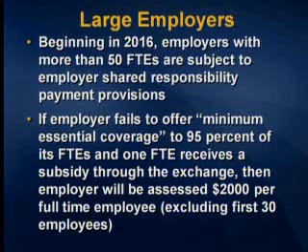If you have 50 full-time equivalents, then you're subject as an employer to a shared responsibility payment. If you fail to offer minimum essential coverage to 95% of your full-time equivalents, and one full-time equivalent employee goes to the exchange and gets a subsidy, then you're subject to a fine of $2,000 per full-time employee, excluding the first 30 employees.